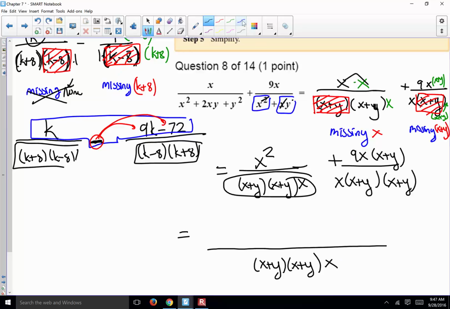But what do I do with the top? Tops need to be combined. X squared plus 9x and x plus y. Okay?